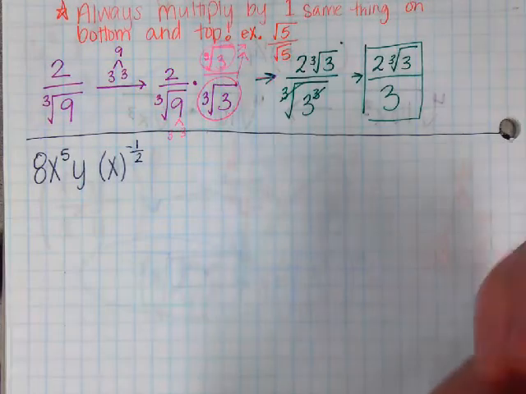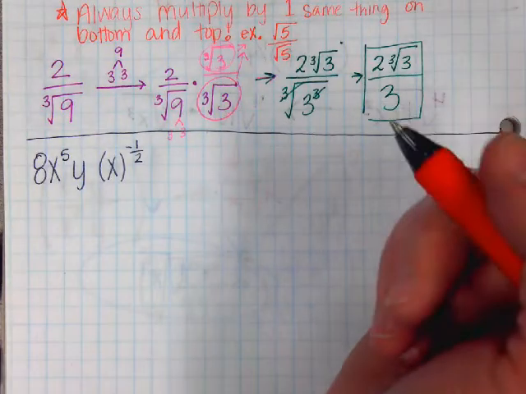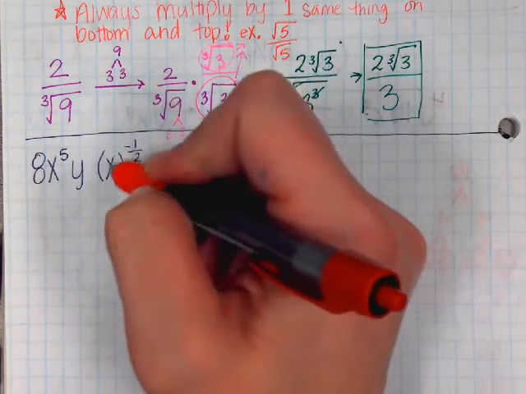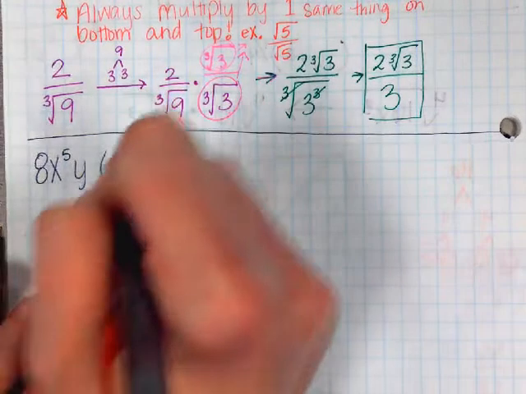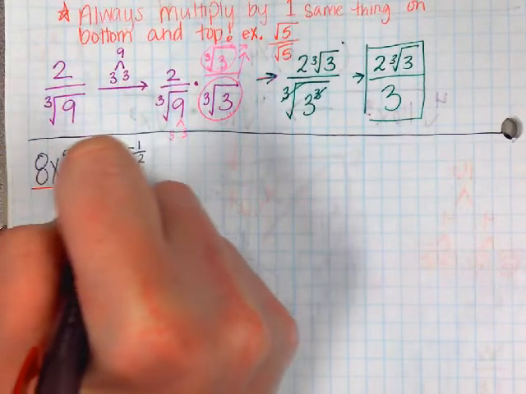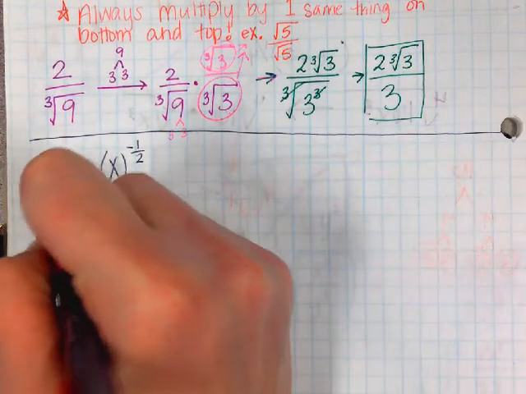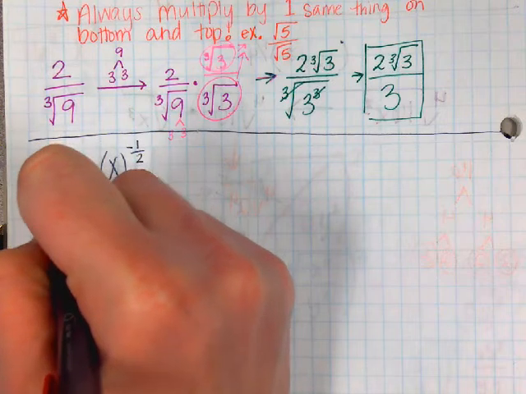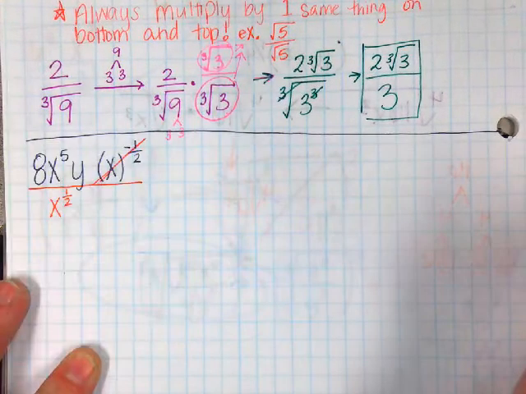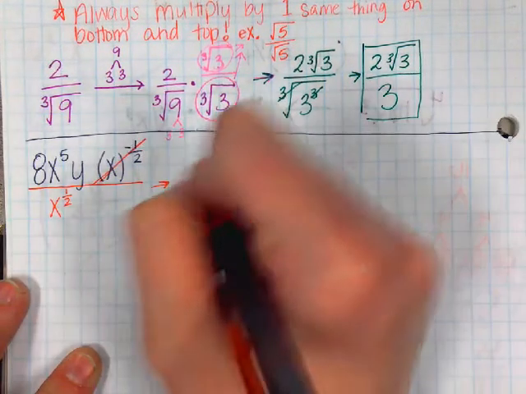So if you have a negative exponent, I personally always deal with the negative exponent first, but again, you can always do it whichever way. So I'm going to get rid of the negative exponent. Remember, a negative exponent, this is what we learned on like the first day of this unit, always moves it to the bottom, or the denominator.